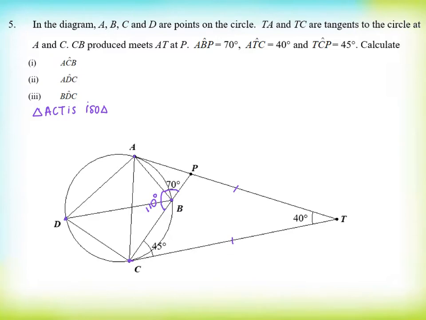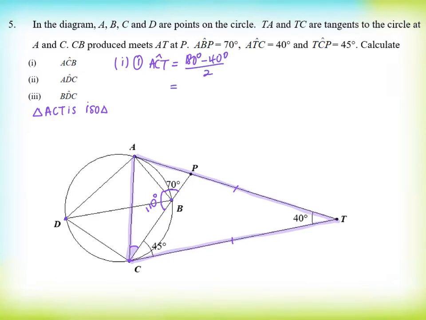Question number 1 asks us to find angle ACB. So this angle over here. I noticed that triangle ACT is an isosceles triangle. How can I find the angle ACB? Number 1, using angles of isosceles triangle. Angle ACT is actually 180 minus 40 divided by 2.